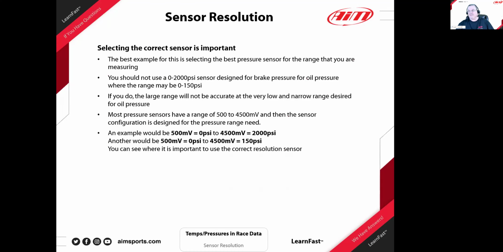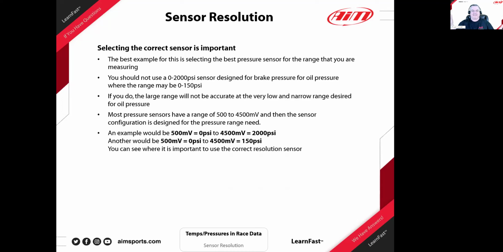The other thing I briefly mentioned a little bit ago is selecting the correct sensor resolution. The temperature sensor is not as much of a problem, but on pressure sensors especially, I see somebody who has selected a sensor designed for brake pressure and is trying to use it for fuel pressure on a carburetor, where they're really looking for 7 psi.